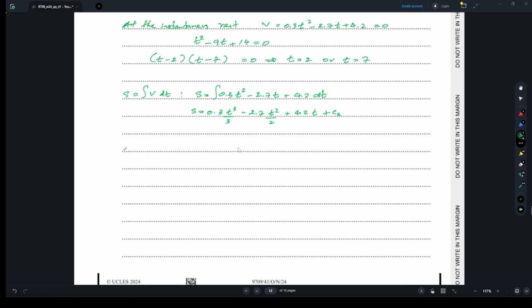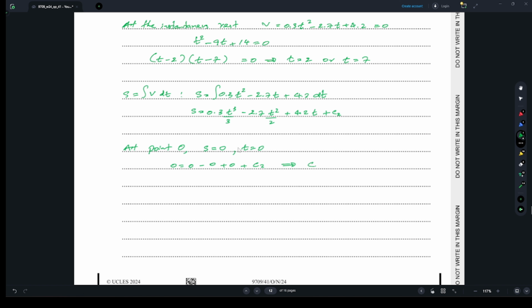But again, we have a constant c2 that we don't know. We know that at point O, the displacement is 0 and time is 0. With that, you can find c2. s equals 0, and all the other three terms are 0, so 0 minus 0 plus 0 plus c2.